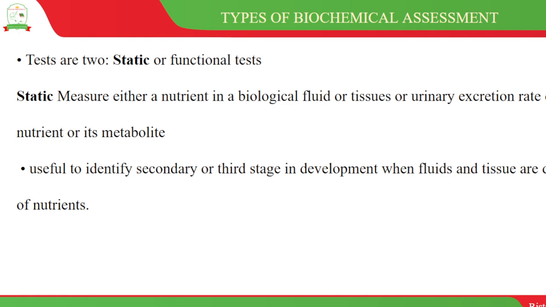That is a static test. It is useful to identify the secondary or third stage in development, when fluids and tissues are depleted of nutrients. When you see that there is less in your blood, that is already a secondary or third stage of deficiency.